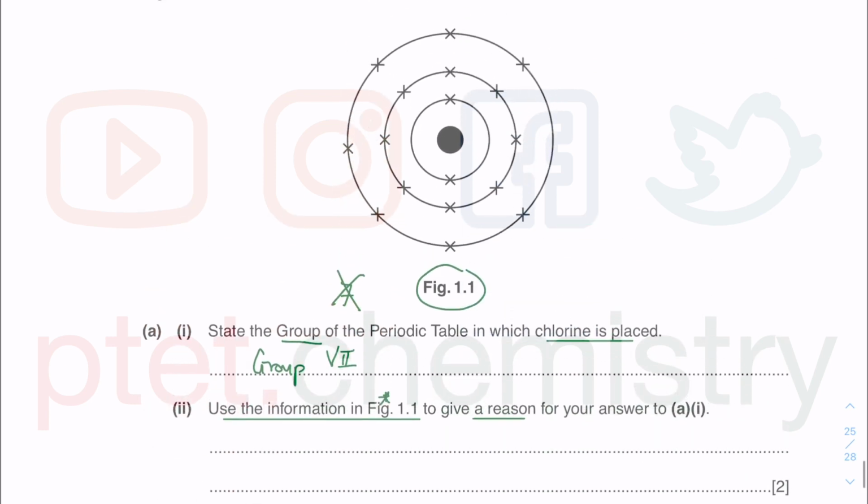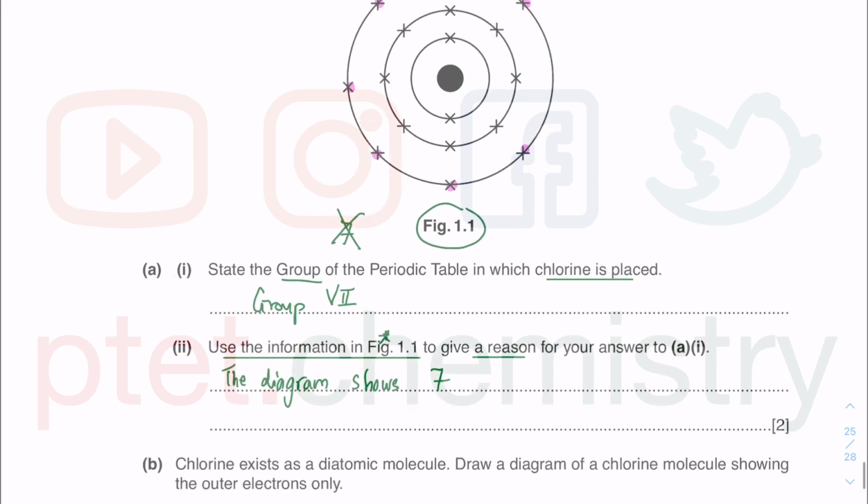Now group number tells us how many electrons are there in the outer shell. So 1, 2, 3, 4, 5, 6, 7. There are 7. The diagram shows 7 valence electrons, the one I've highlighted in pink a little bit. If you don't like valence, you can use the word outermost.